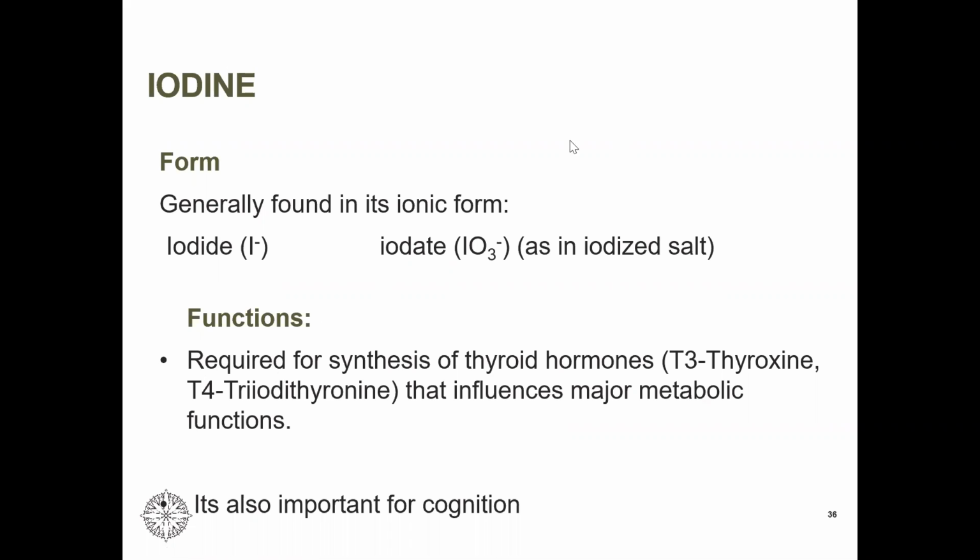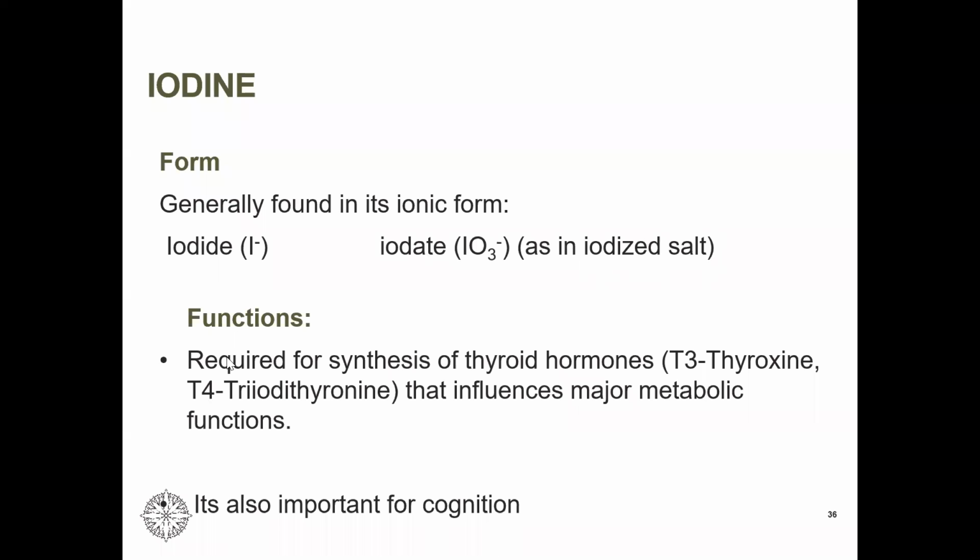Iodine, again, many forms. So we have iodide, and then we have iodate. And this is the form that is added in iodized salt. So we have potassium or sodium iodate as part of mandatory food fortification in Australia.